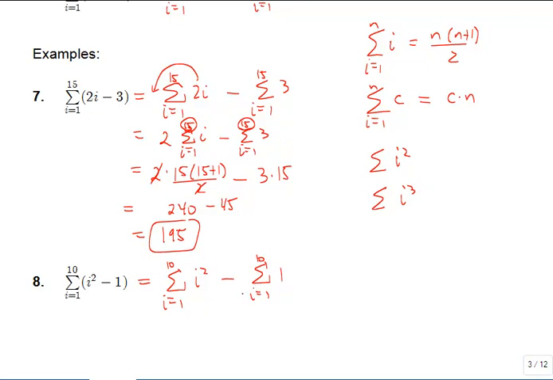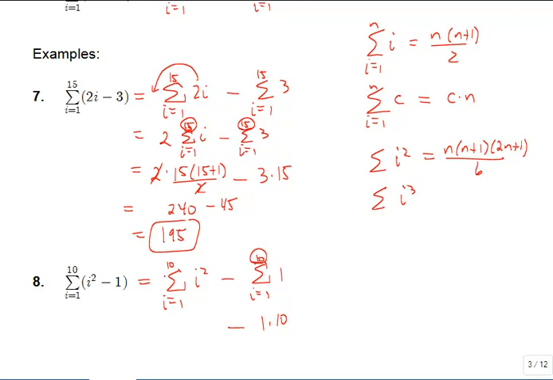So on this particular problem, this is the sum of a constant right here. So this is just going to be that constant, which is 1, times n, which is this 10. And then this one is the sum of our squares, which we have a formula for. And the formula for that, if you look back on our previous page, is just going to be n times n plus 1 times 2n plus 1 all over 6.